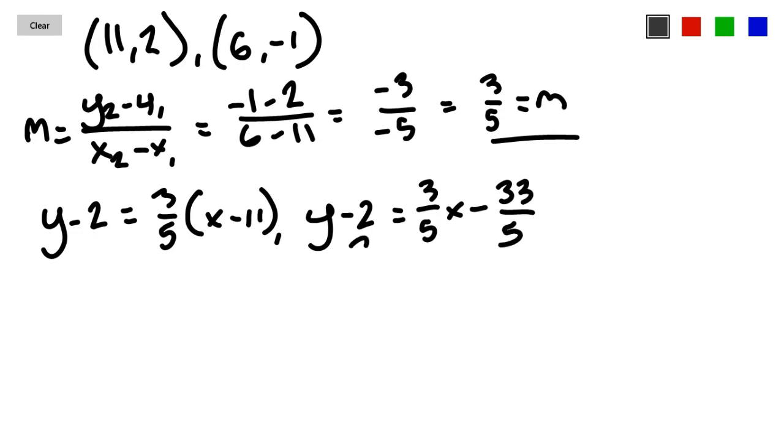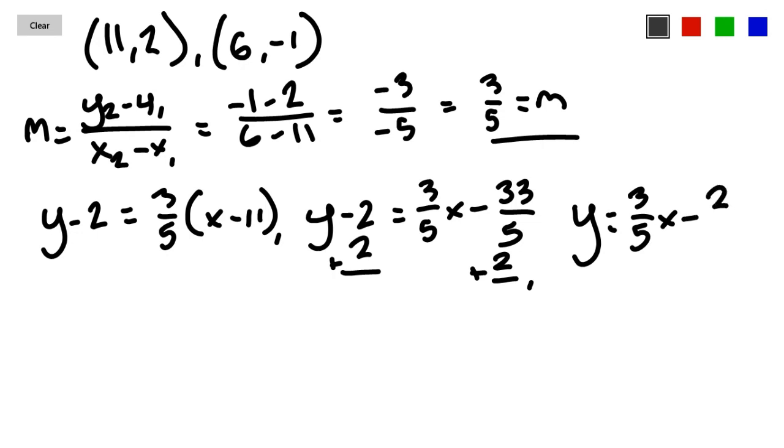And then I just add 2 to both sides to isolate the y, and then I'll have the equation of my line. So when I do that, I've got y is equal to 3 over 5 times x minus 23 over 5. And this is my answer.